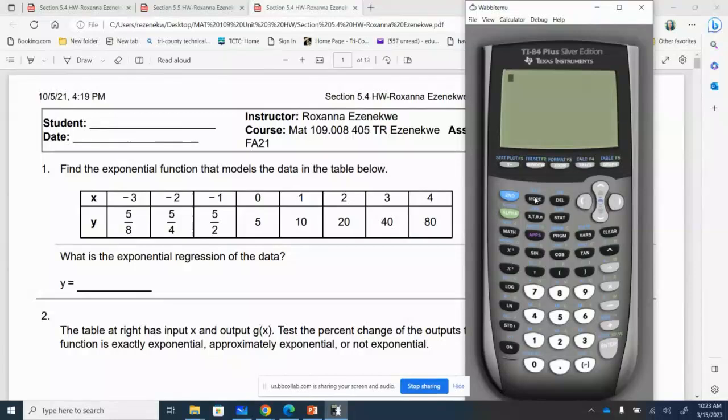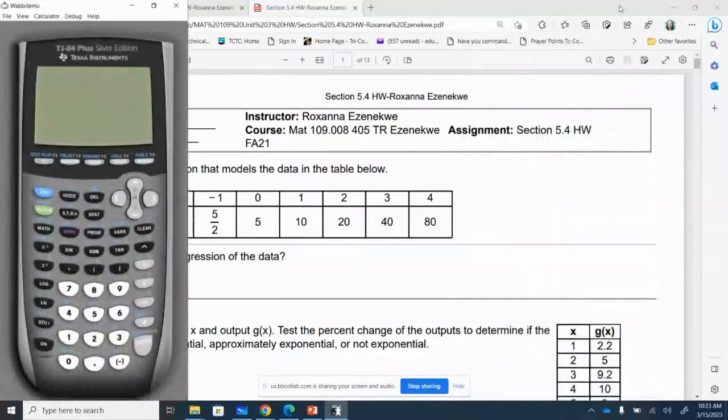Whenever I'm doing modeling, whether it is exponential, logarithmic, quadratic, whatever, especially when the question says choose the best model, then you need the coefficient of determination, which is r squared, which I'm going to find now. You haven't had this coefficient of determination a lot, because you probably haven't taken statistics.